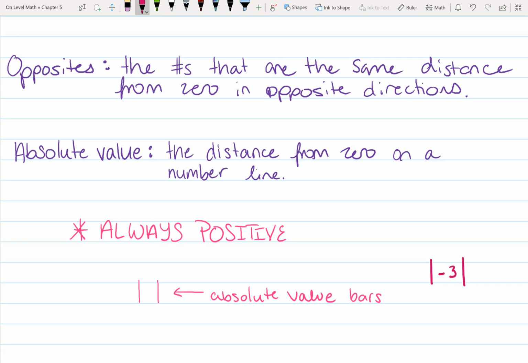That's what those bars mean. Those bars mean absolute value. They're called absolute value bars. So sometimes it'll just say in a word problem, what's the absolute value of negative 3? Or sometimes it'll show you something like this, right? It'll have these bars and have the negative 3 inside of it. And you'll have to know that these bars mean absolute value. It's not 1, negative 3, 1.